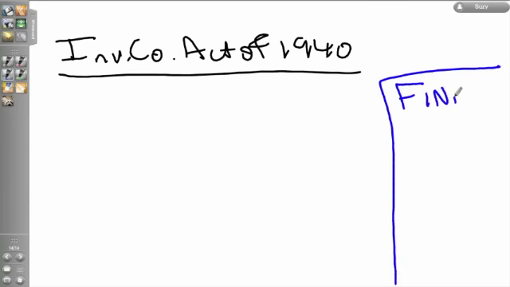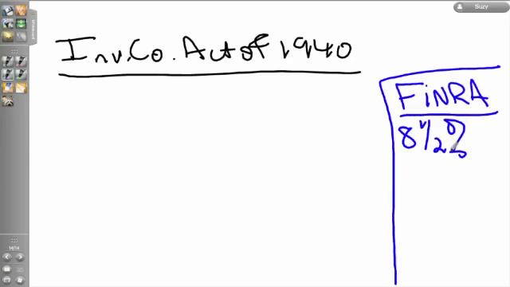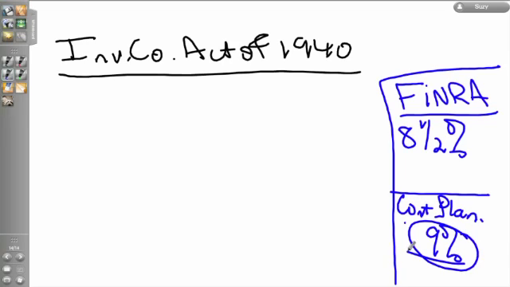For an open-end mutual fund, FINRA has an 8.5% maximum sales charge rule. For a contractual plan, unit investment trust, we have a different rule. We have the Investment Company Act of 1940, and the maximum sales charge allowed is 9%.